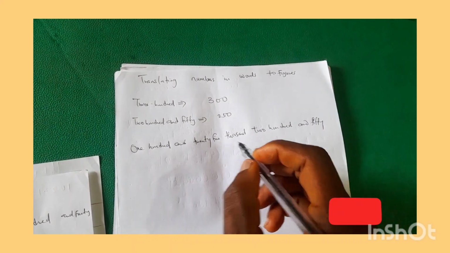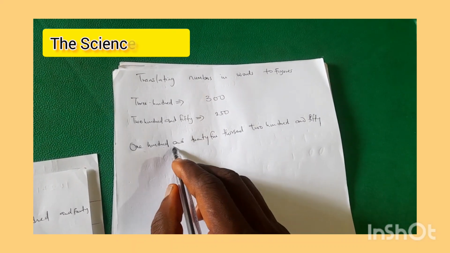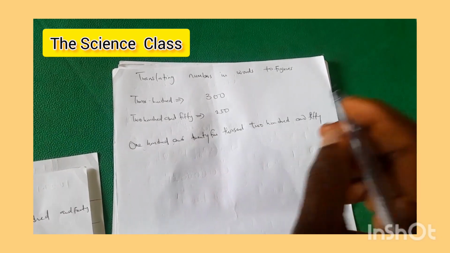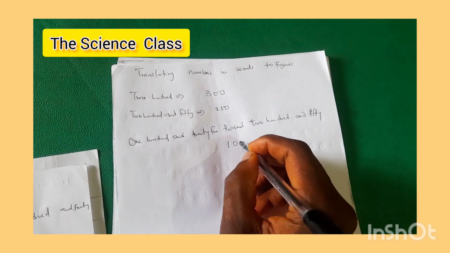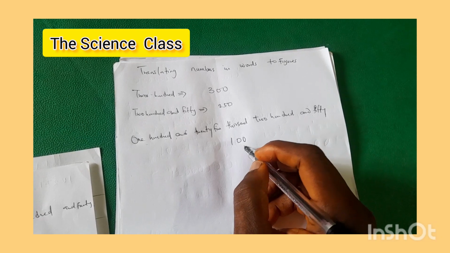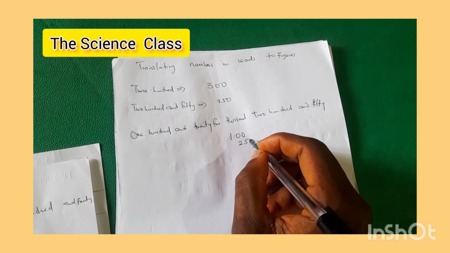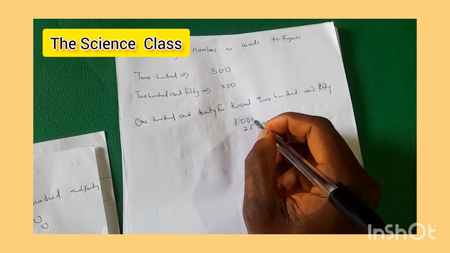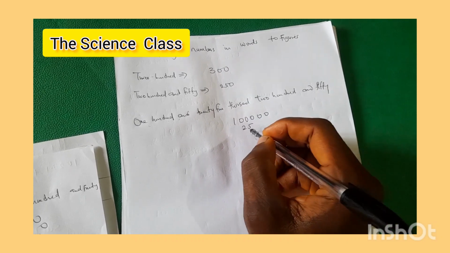So you notice in that place you have 125. Then thousand.